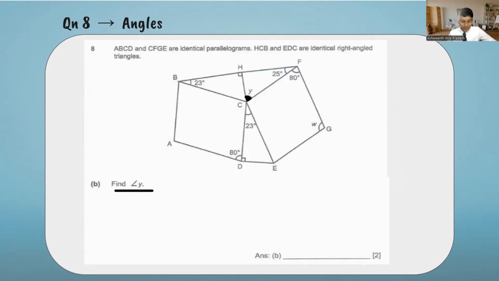Do you remember that this angle is 100 degrees from the previous question? And because it's a parallelogram, this angle is also 100 degrees. And do you remember that this angle is also 100 degrees, because they are identical parallelograms?